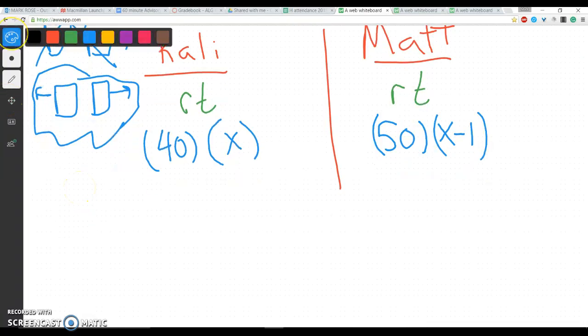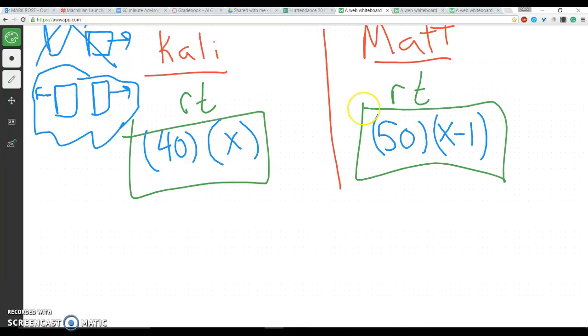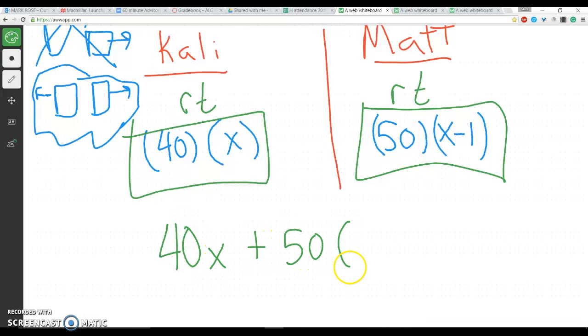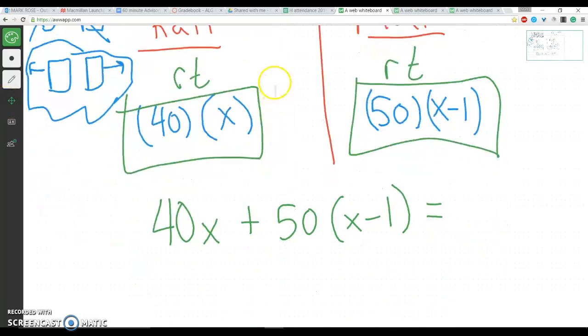So we are going to take these two things and add them together. So I have 40x plus 50 times x minus 1, and that's going to equal a total of, let me look back up here, 400 kilometers.